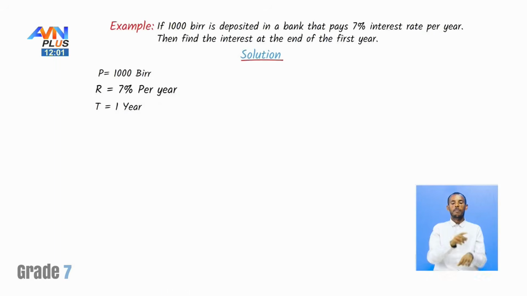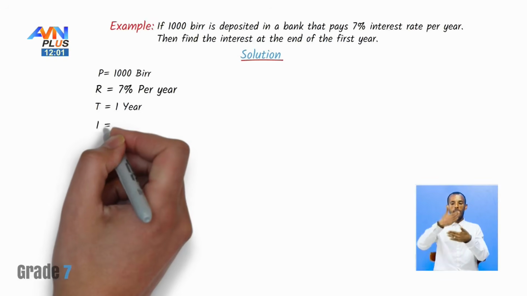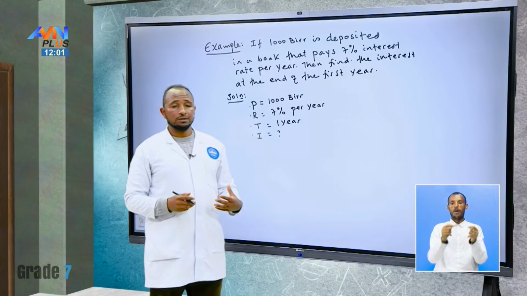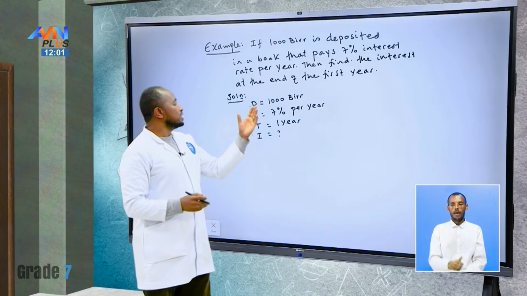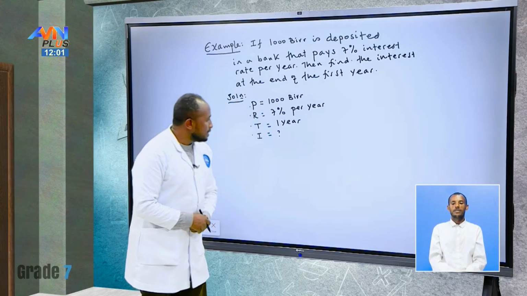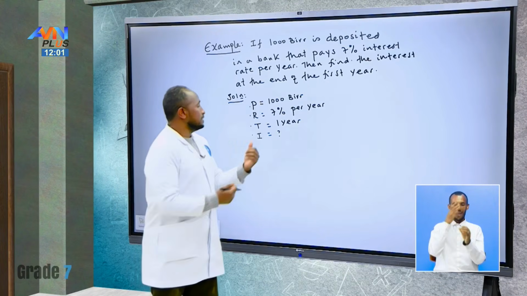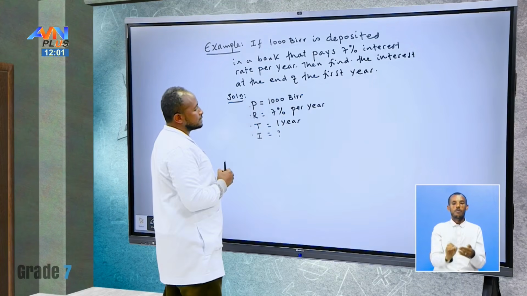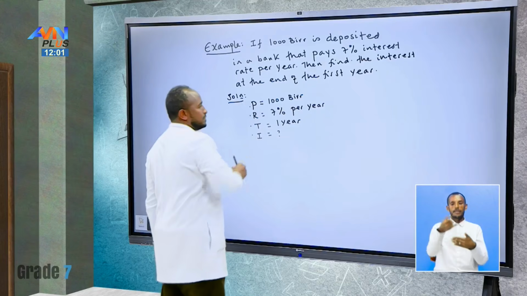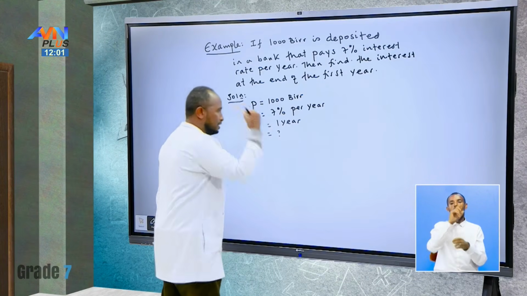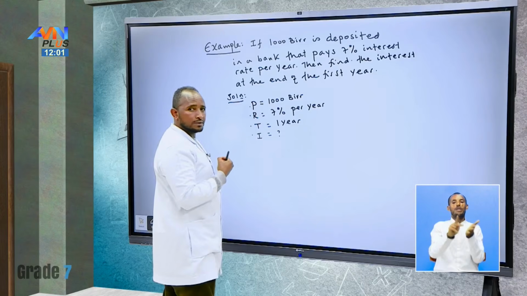So what will be the simple interest? Not only simple interest, we'll also try to find the amount. Here, simply we calculate the interest by taking 7% of 1,000. The interest rate is 7% per year, so in 1 year it pays you 7%.